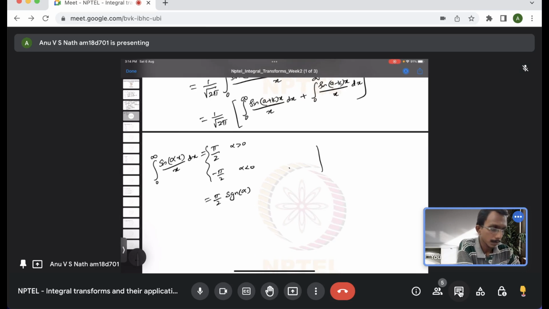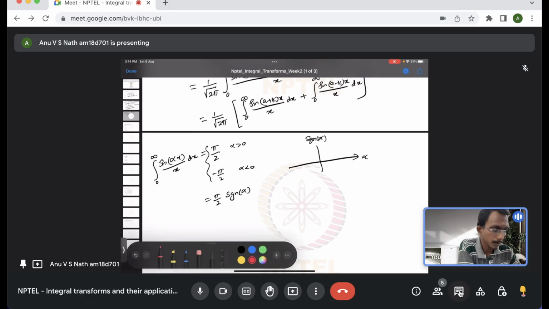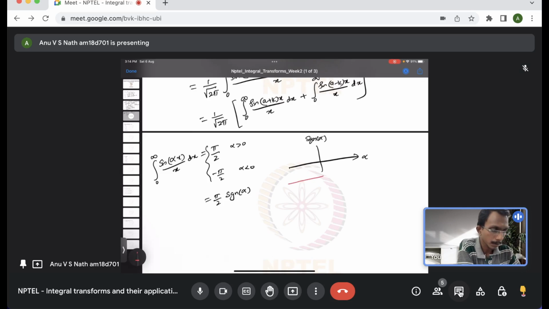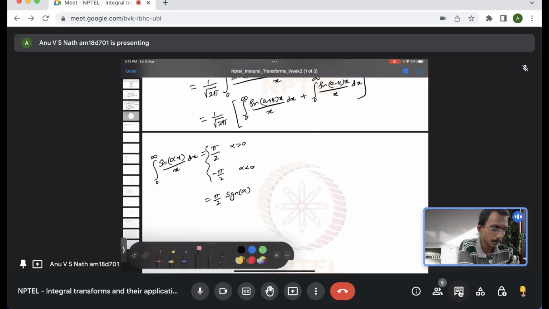Basically, if you plot alpha versus sign of alpha, when alpha is less than 0, its value is minus 1. When alpha is greater than 0, its value is plus 1. Just indicating whether it is negative or positive. So that is a sign function. So that we can use here to generally write the expression for this integral.